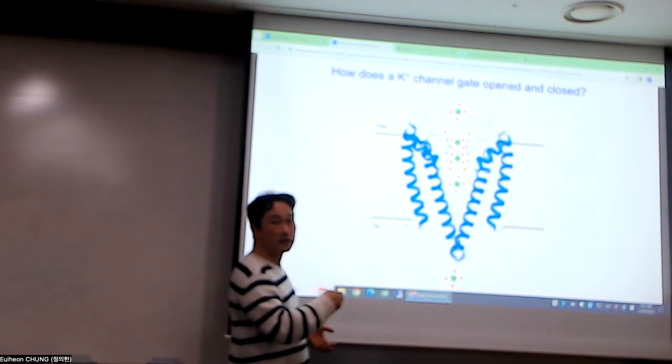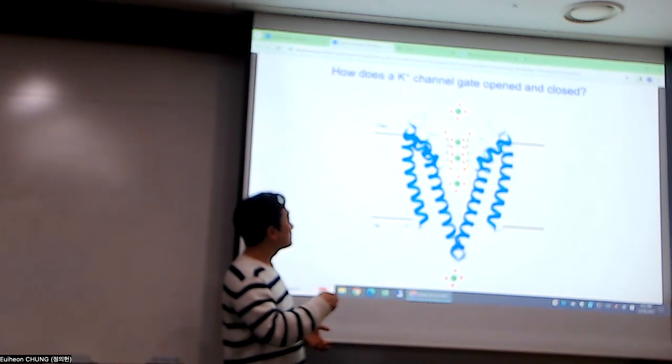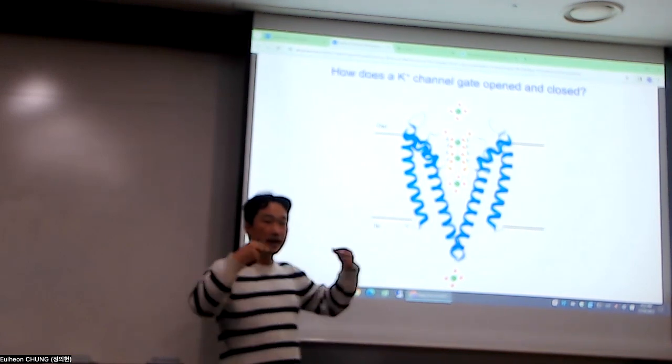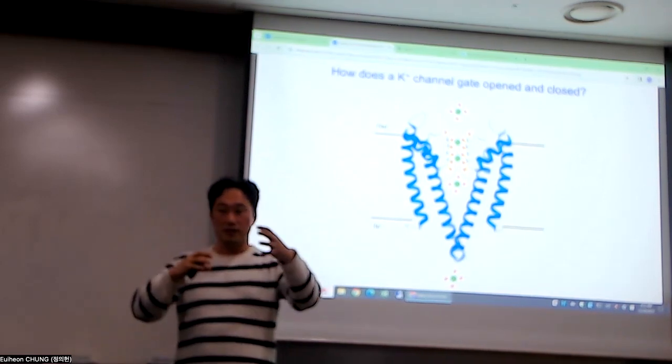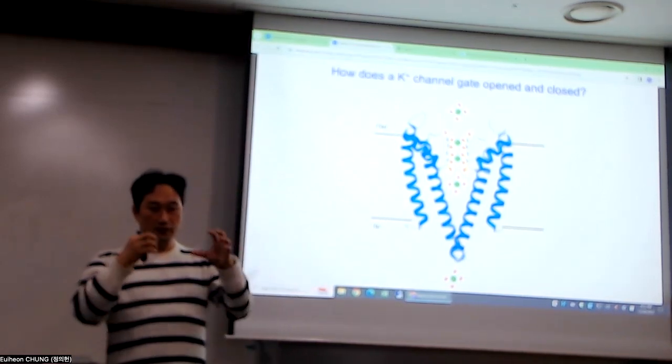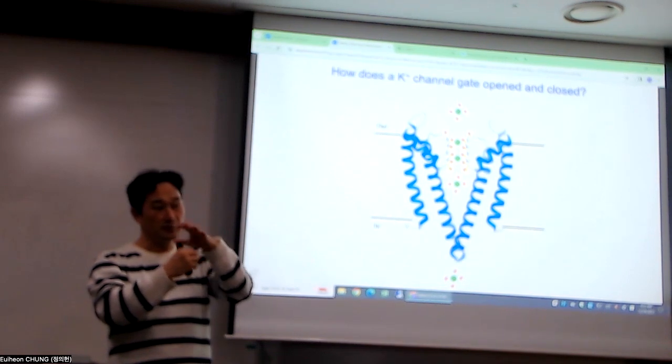The red dots are water molecules, red dot oxygen. So eight oxygens or eight water molecules surround a single potassium ion, right?